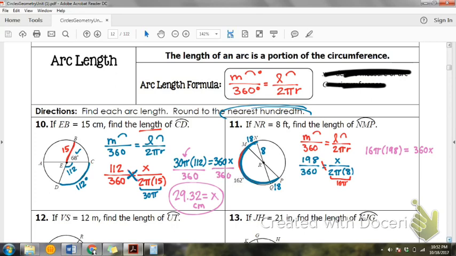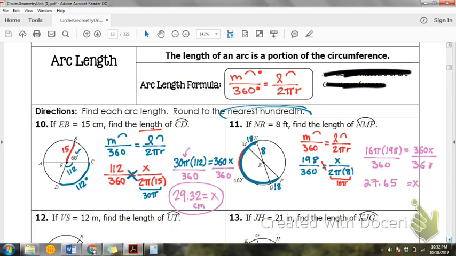Alright, so go ahead and multiply this out. Remember, you're using the pi button in your calculator. Okay, I'm getting 9,952, but again, we're dividing by 360. So when we do that, I get 27.65.